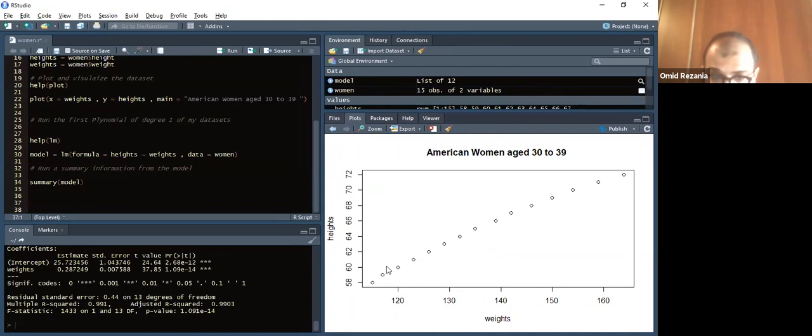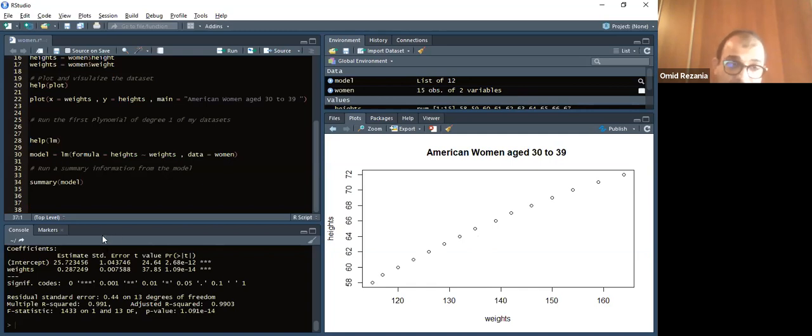Every single dot in that plot represents one of those 15 American women. For example, this one is one woman, and her name is Jessica. Her weight is this when you project it down to the weight, and her height is this when you project it to there. And we have these 15 women all scattered around our line.